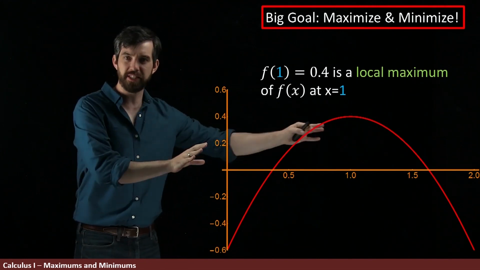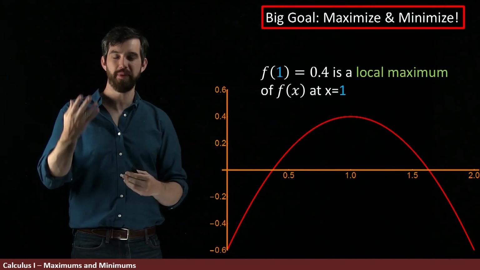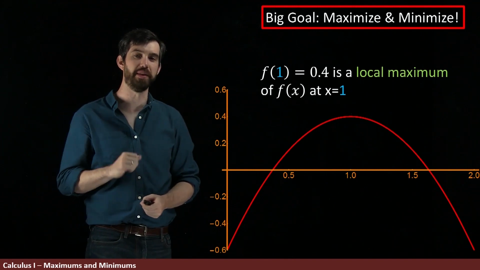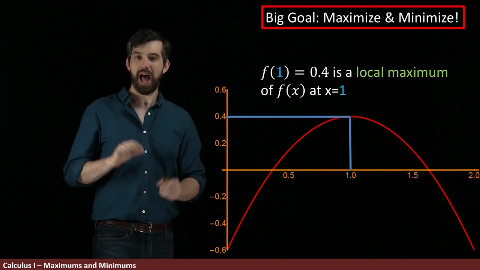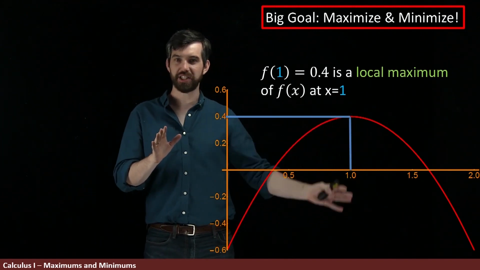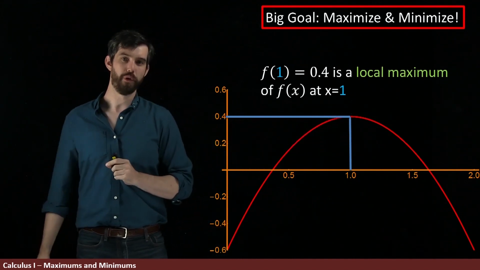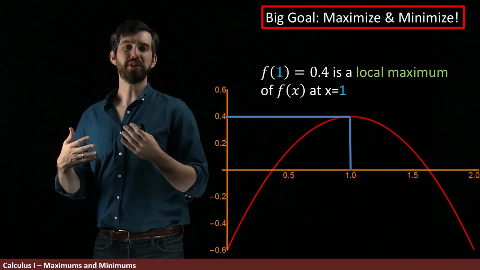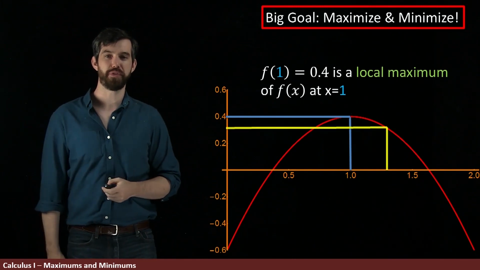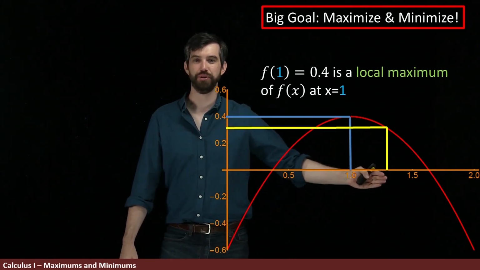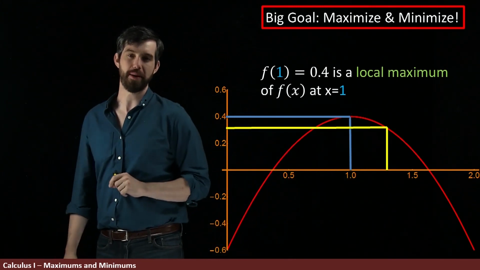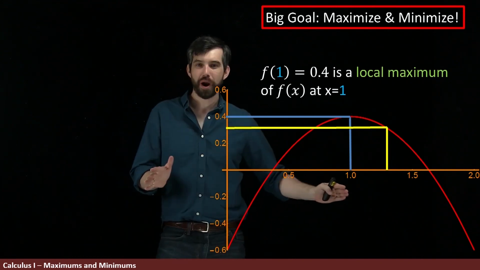Now, I think we can see the idea of this being a max graphically, but let's try to be precise about what we mean mathematically. Indeed, I'm going to put on this point where I've got the x equal to 1 and this height of 0.4. But let me suppose I go to some other point. How about this one over here? I've gone from 1 to looks like 1.3 or something about that. Well, it didn't matter where I go.